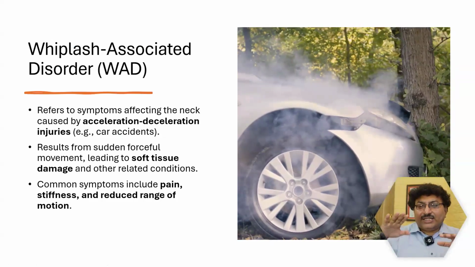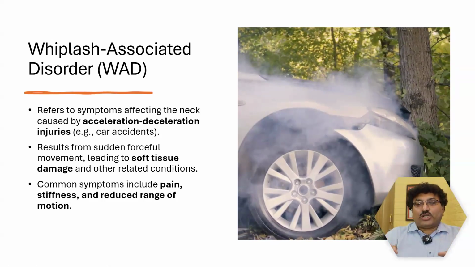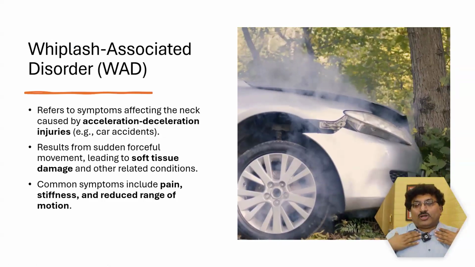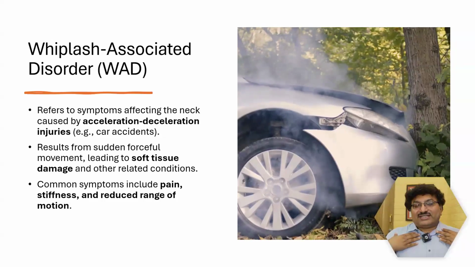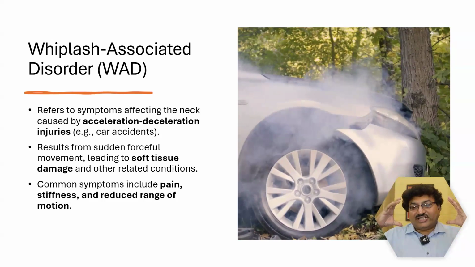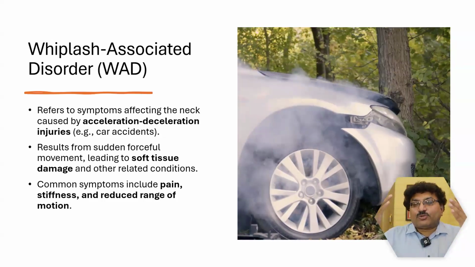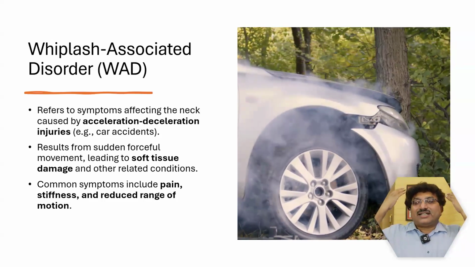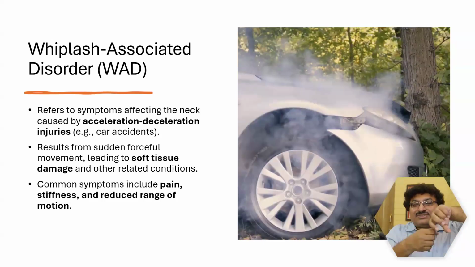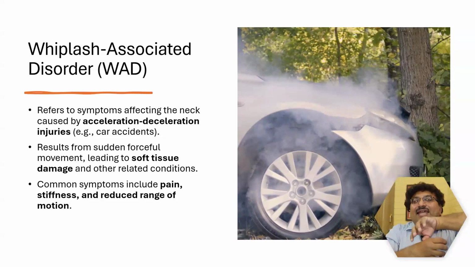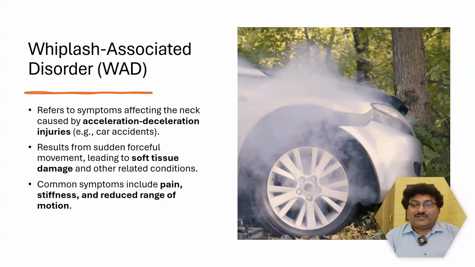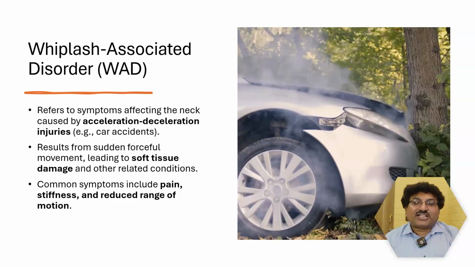A common example is a car accident. What is happening there? Our body is fixed at the seat, and my head suddenly goes to the front. So basically, it's an acceleration deceleration type of injury. Or sometimes when I am supported, the head suddenly snaps back. Ultimately, this acceleration deceleration between the vertebral bodies can cause facet pain as well, and that is also known as whiplash associated disorder.